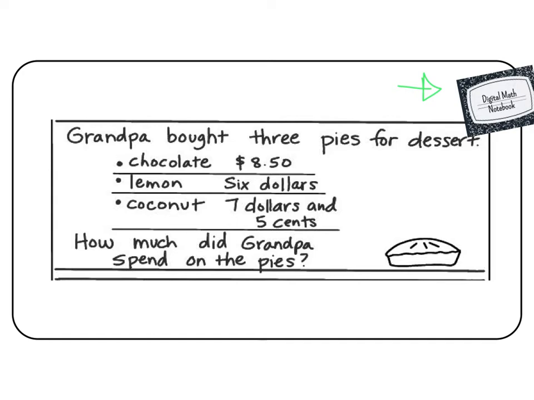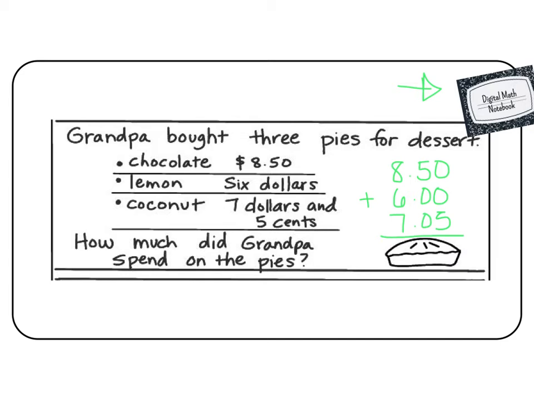We need to add the cost of the 3 pies. So I'm going to line them up to add. My first one was $8.50, then $6, and remember $6 would have 0 cents, and then $7.05. So we're going to line them all up so their decimals are all straight together. And then Grandpa bought 3 pies, so all these numbers are going to be added together.